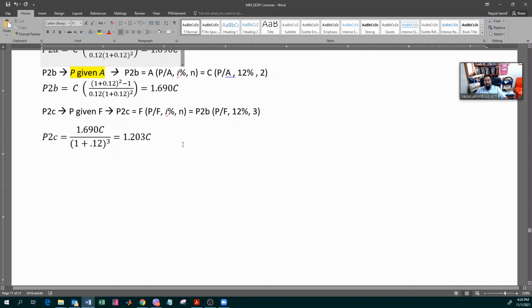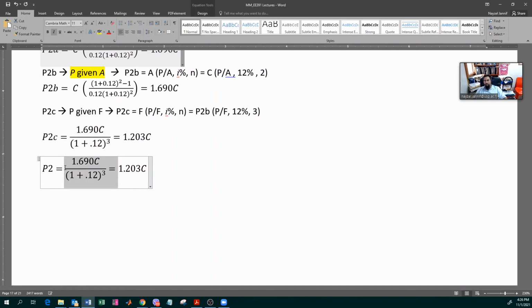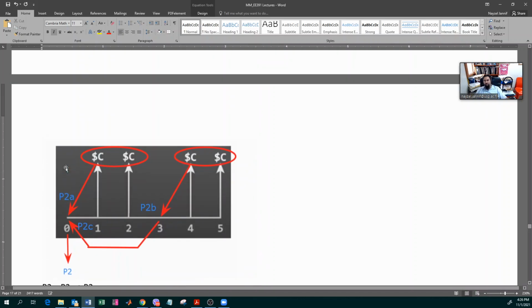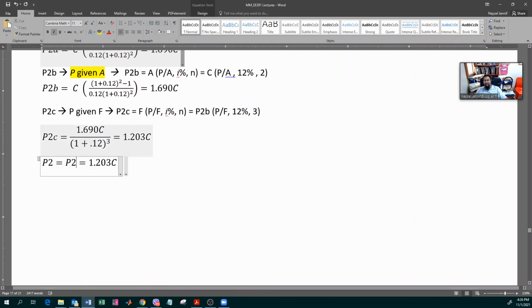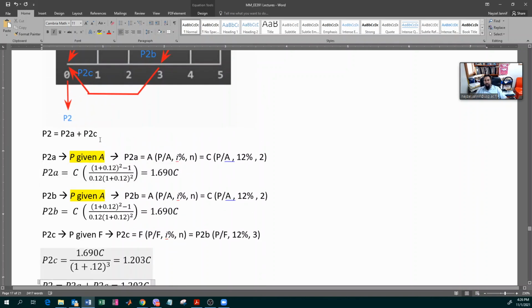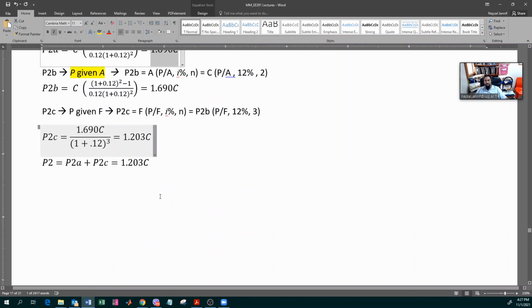Now, okay. But we had earlier stated that P2 is equal to P2A plus P2C, right? What is P2A? What did we find P2A to be? 1.690. 690, right?